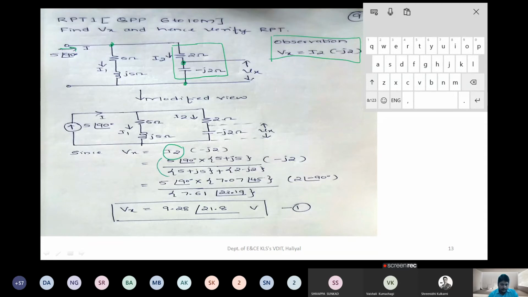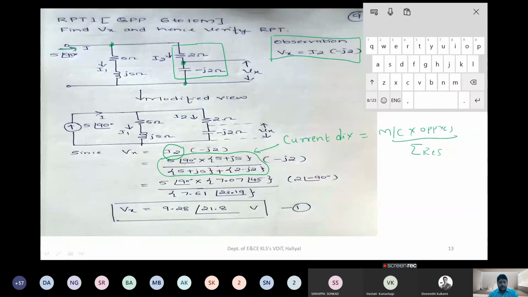This entire part, which I am highlighting with this green color, is nothing but I2. The j2 I am keeping as it is. So how to find I2? I2 is the current flowing in this branch, so again you can apply the current division rule here. Current division says: main current multiplied by the opposite resistance divided by the summation of the resistance of that entire network.